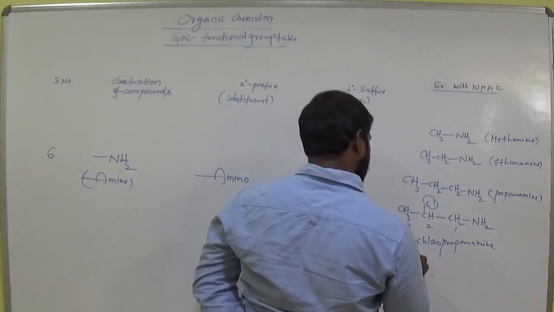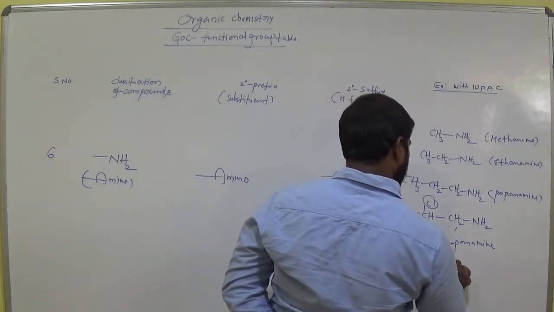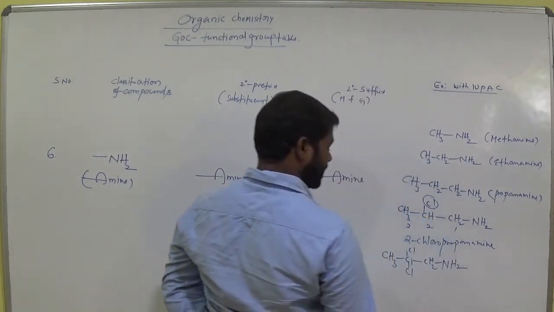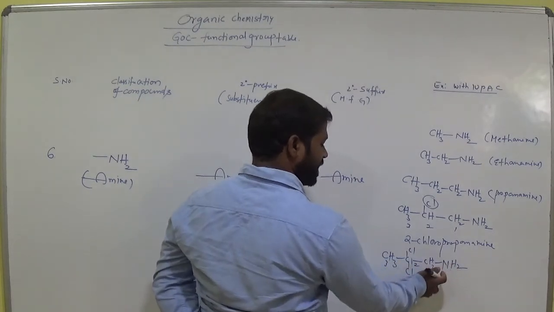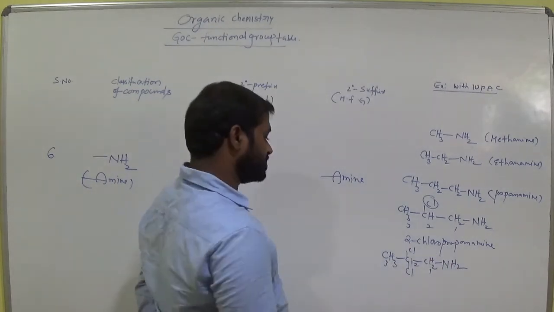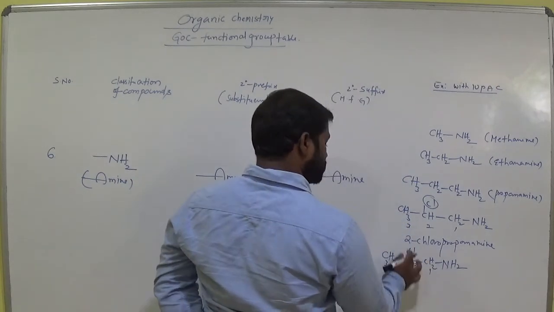Next, what about this one? CH3, Cl, CH2 bond NH2. Clear? How many chlorines are here? This is first carbon, second, third one. Functional group gets least priority. Why? Because here at second carbon 2 substituents are there.